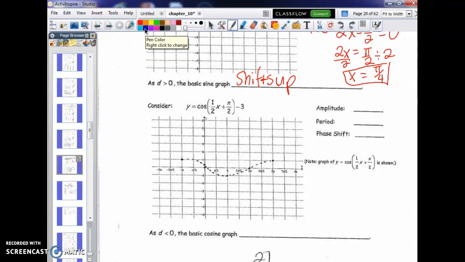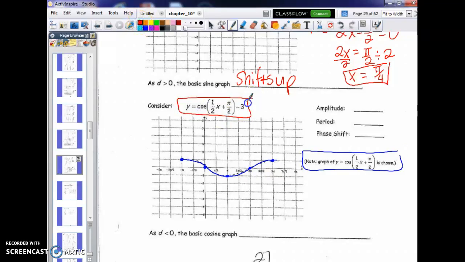What I have in blue here is the graph of y equals the cosine of 1/2 x plus pi over 2. I'm going to show you in red this function here: y equals the cosine of 1/2 x plus pi over 2 minus 3.